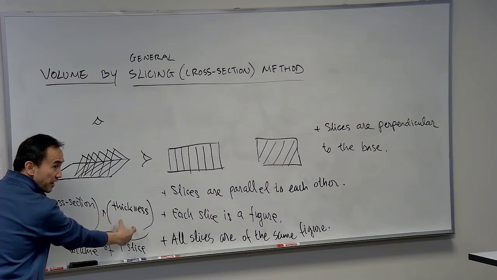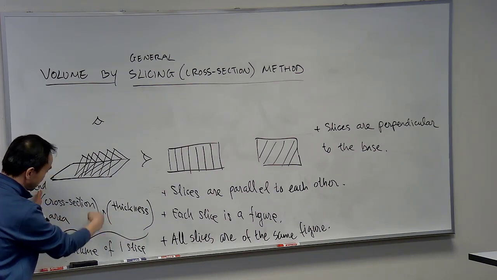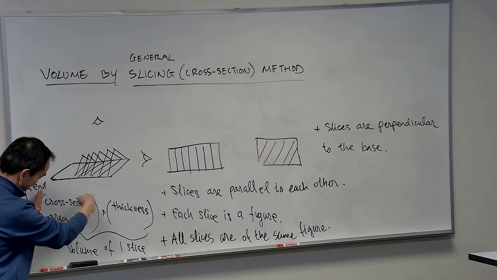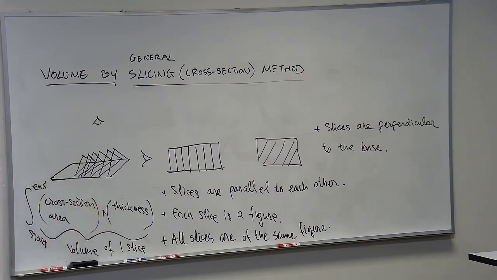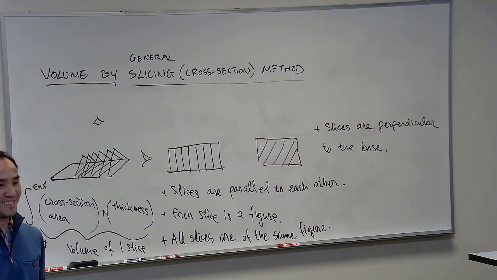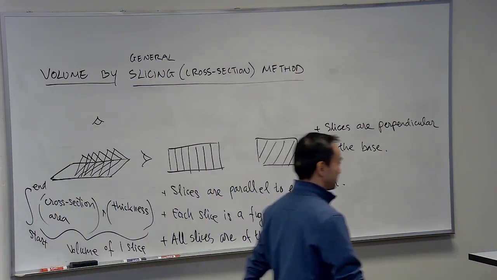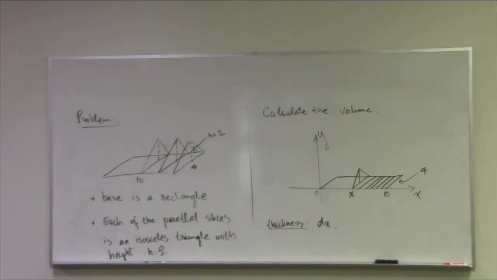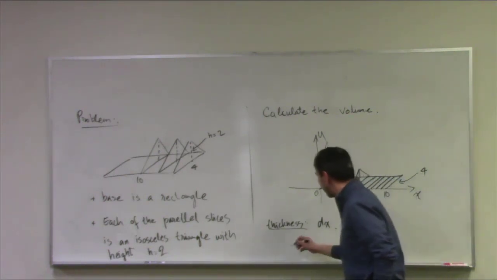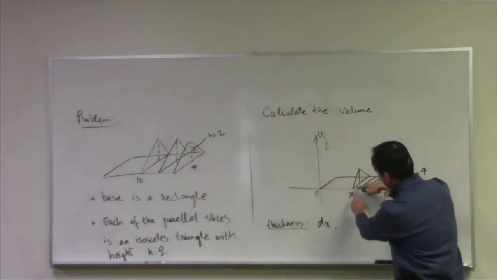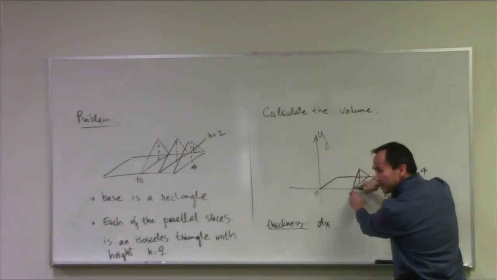We already figured out the thickness, right? We just need to figure out also the area of that cross-section on each instance, okay? Right on each slice. Are you with me on that? So now think about it: if we're right here at any one of the slices, even at some x value, how much is the base length of here? How much is that base length?